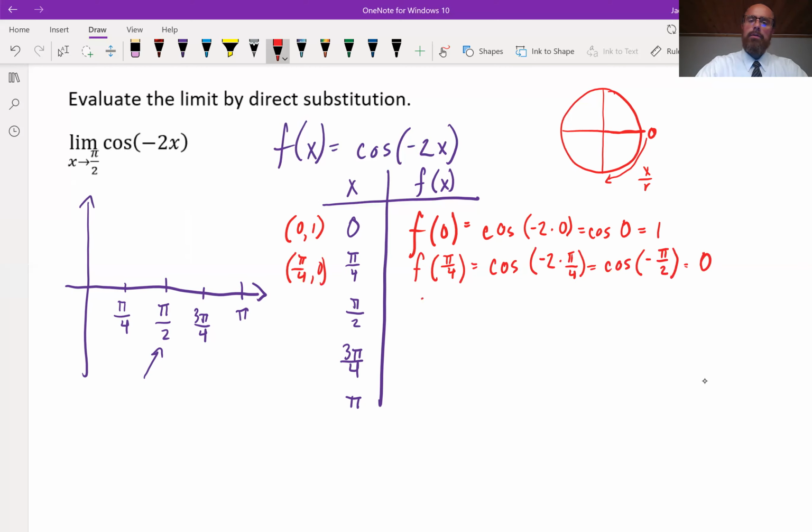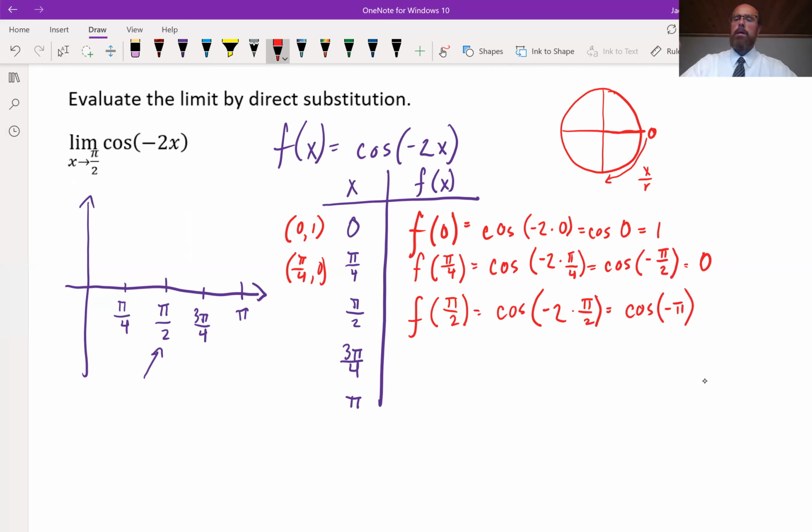We'll keep going. So f at pi over 2 is cosine of negative 2 times pi over 2, and those 2's cancel in the product, 2 divided by 2, or 2 times half. So this is cosine of negative pi. So it's going around the unit circle in the clockwise direction, the negative direction.